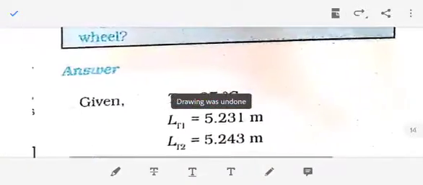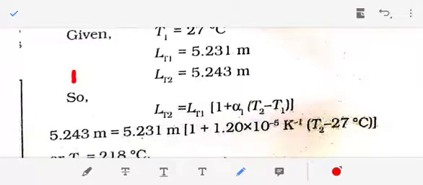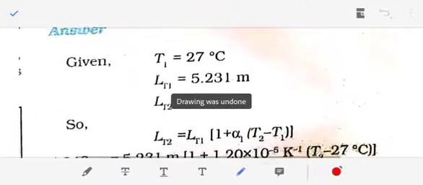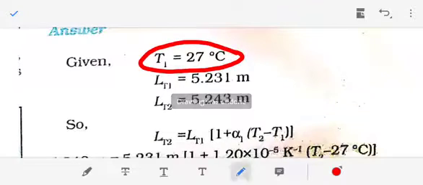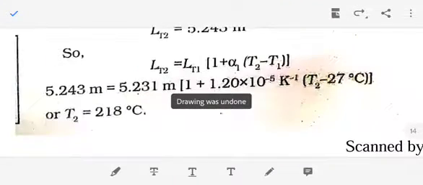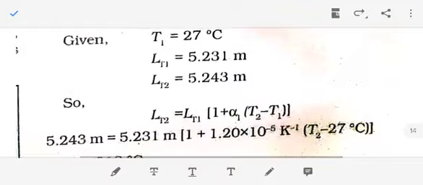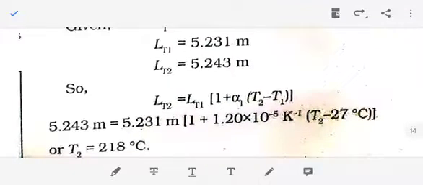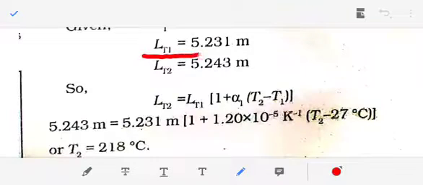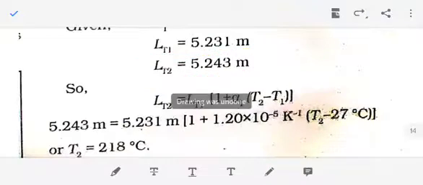We were given the initial temperature T1, that is 27 degrees Celsius, and we were given the lengths at temperature 1 and at temperature 2. What length do we want?